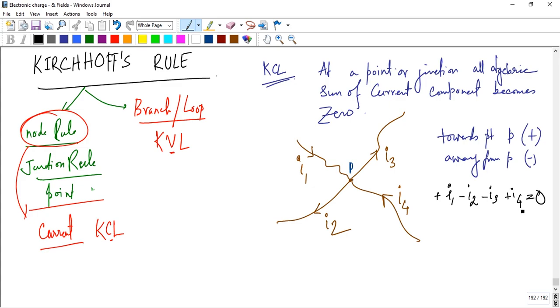Equal to 0. That's my choice. If you choose towards P as minus and away from P as plus, you get the same answer.